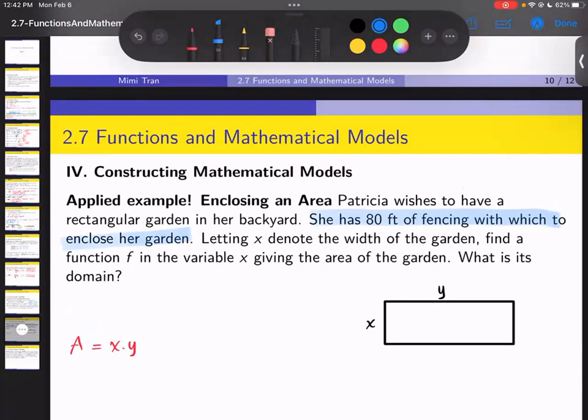Perimeter, right? That's 80 feet. The perimeter of a rectangle will be 2x plus 2y. So P equals 2x plus 2y. And you know what P is? That's 80 feet right there. Move this down. 2x plus 2y. Can I divide both sides by 2?